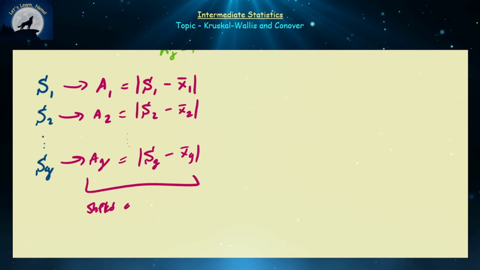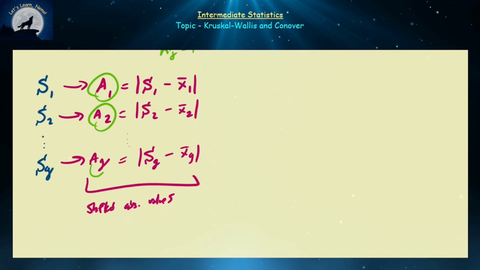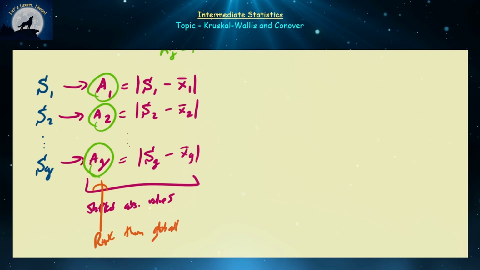Nothing about ranks has been done yet. But once you have all of these values, A1 and A2 and A3, then what we're going to do is rank them globally, just like we did R1 and R2 in terms of their construction.